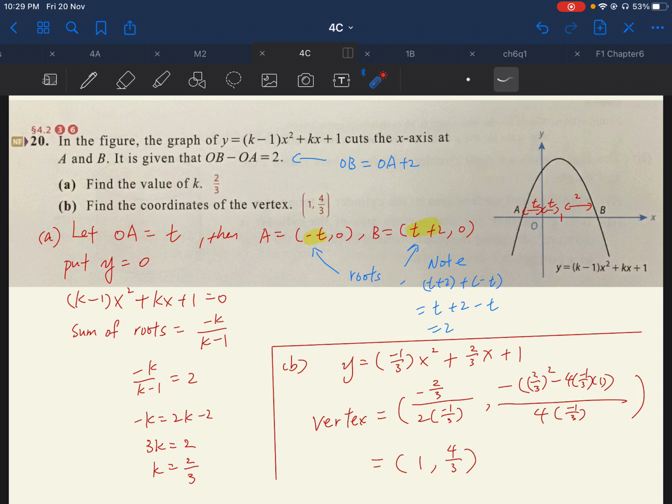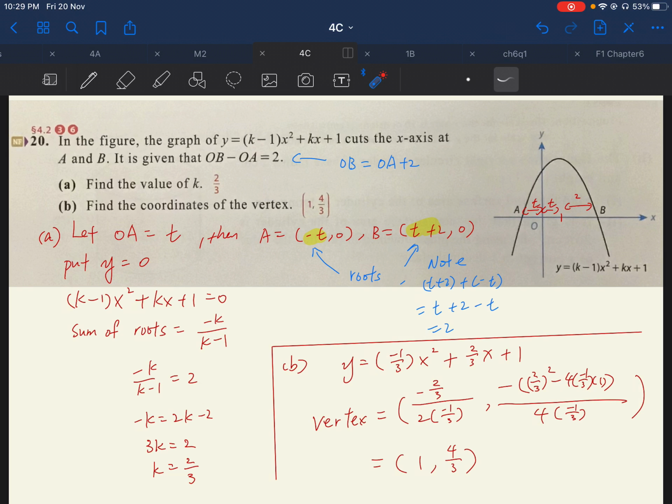To find k, the sum of roots is just negative b over 2a. If you look at this, put y equals 0, then the sum of roots will be negative k over k minus 1, which equals 2 after all the work done here. So after solving, I will have k equals 2 over 3.